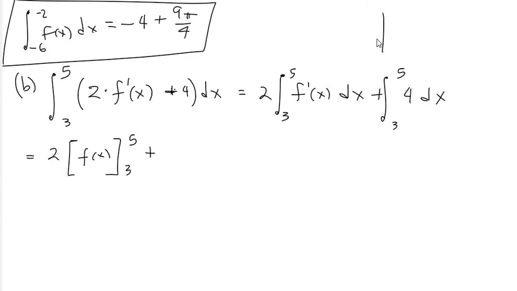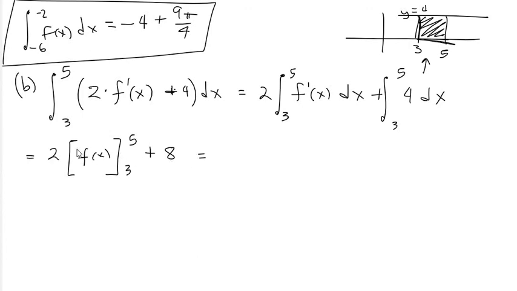Well, that's the area under the graph y equals 4 from 3 to 5. Well, that's just a rectangle, right? That's a rectangle that's 4 units tall and 2 units wide, so that's 8 units. Okay, so this integral here is a simple geometric integral.